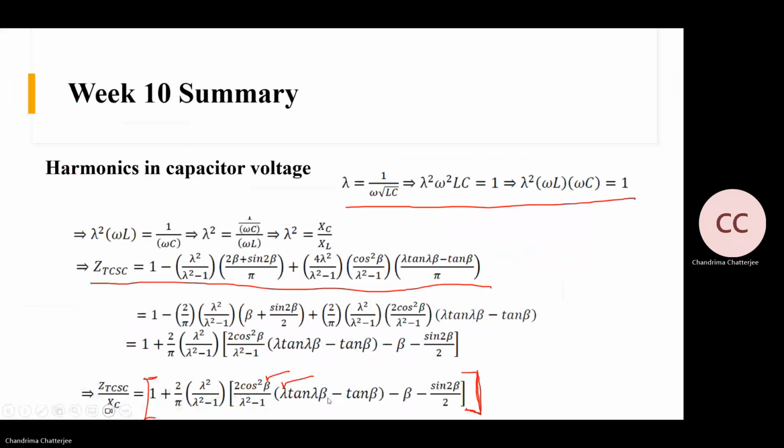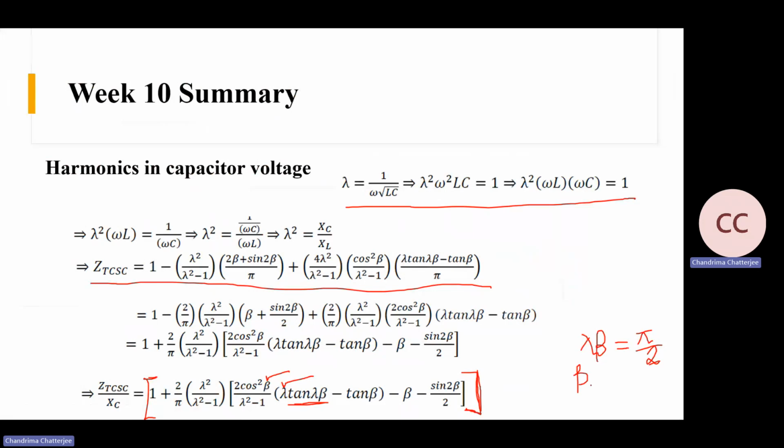If tan lambda beta, if lambda beta is equal to pi by 2, then Z TCSC will be infinite, because then tan lambda beta will be infinite.